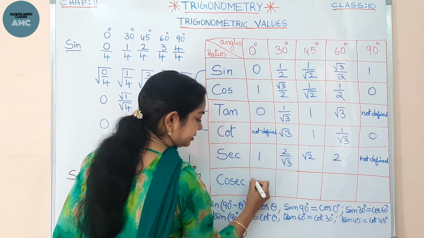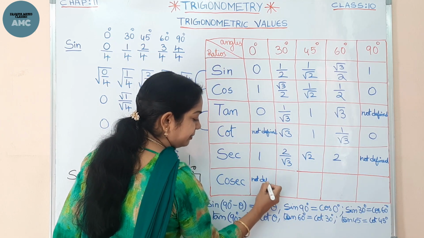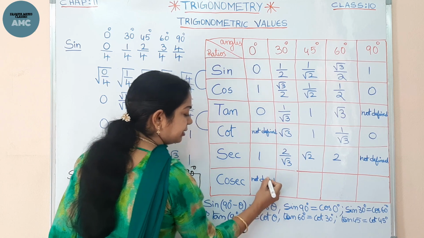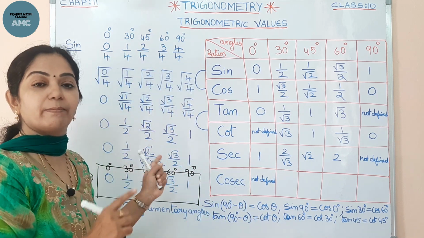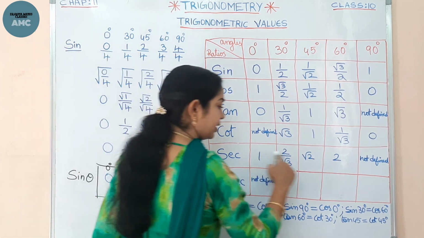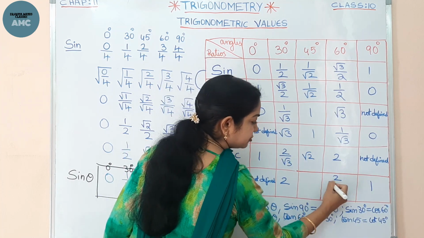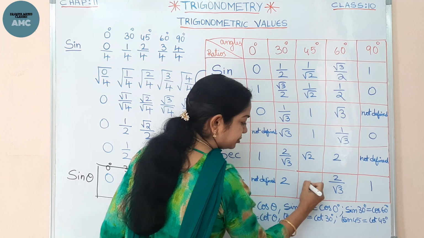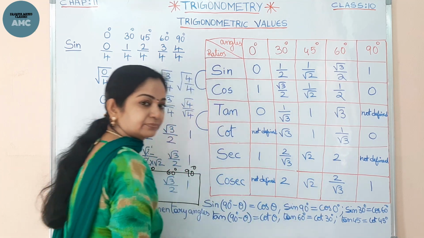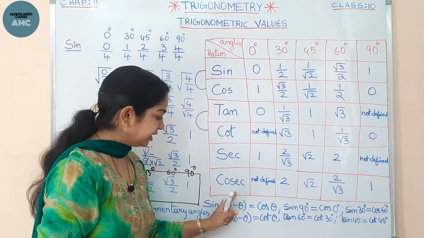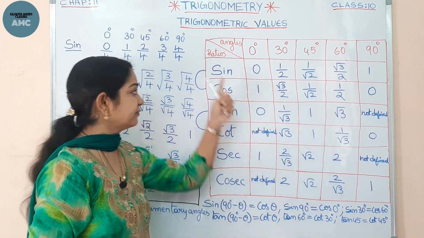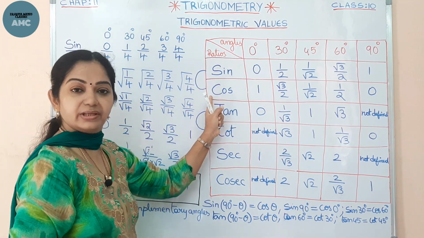That means secant and cosecant are the complementary pair. Now here, write 1, crisscross the values: 2 here, 2 by root 3 here, and root 2 here. Now we can also check. I have crisscrossed and got the cos from sine.